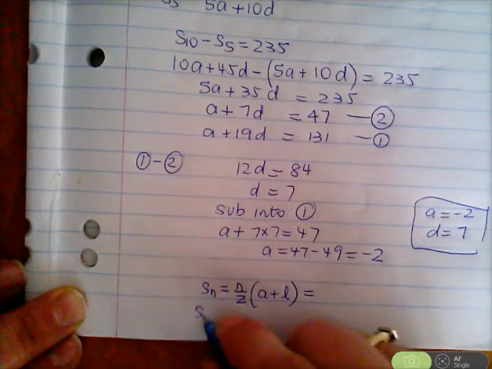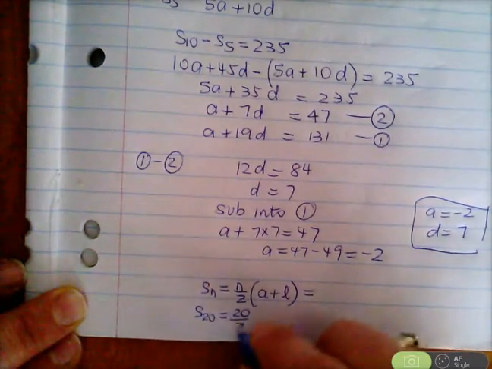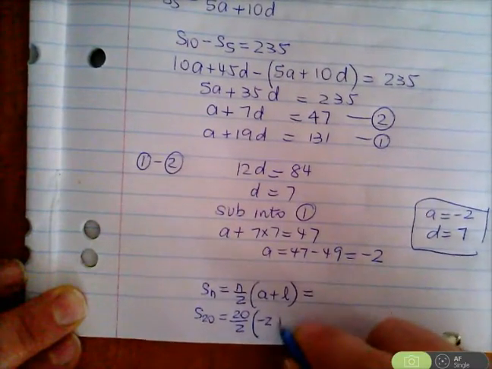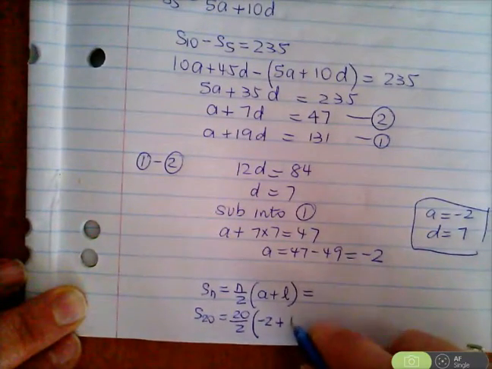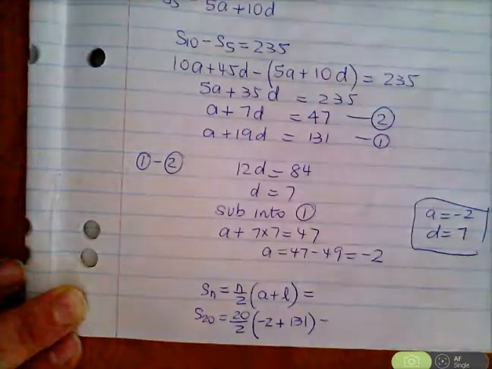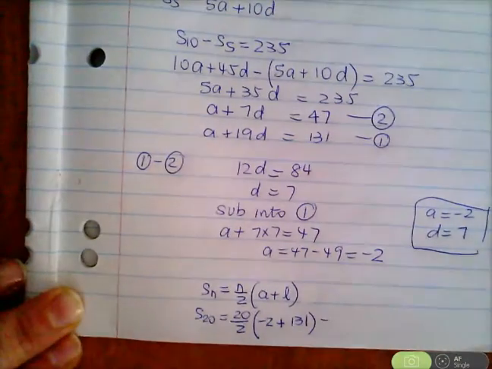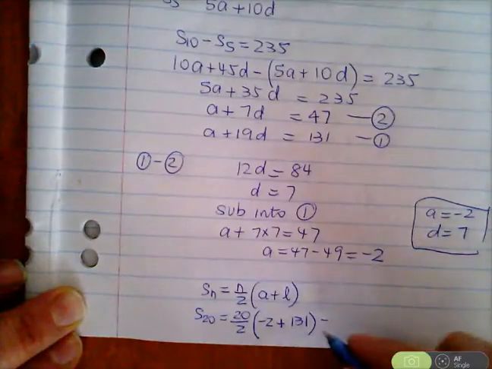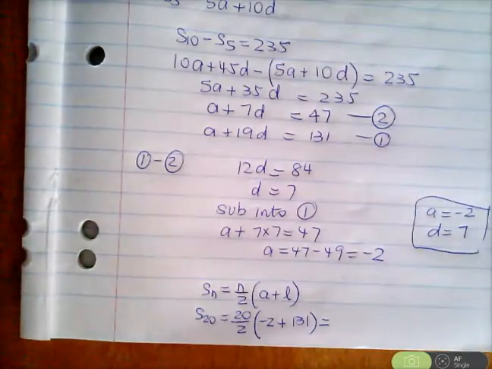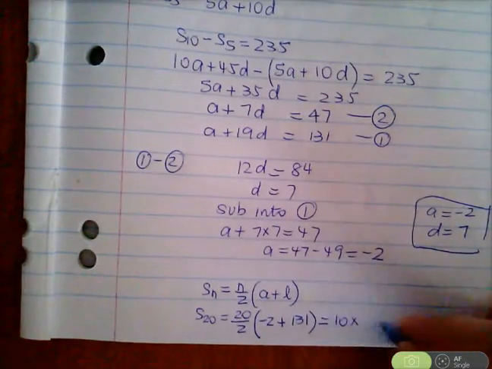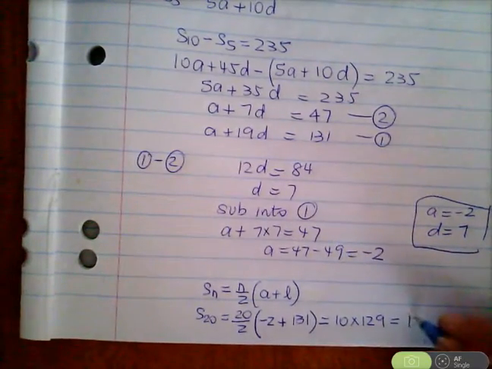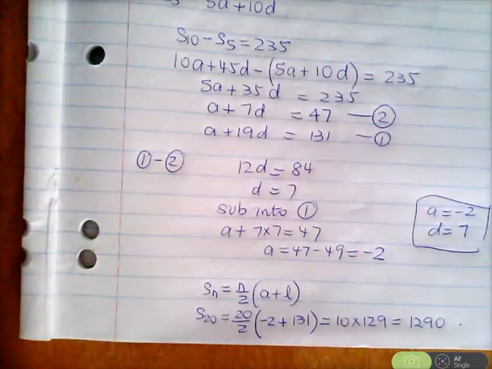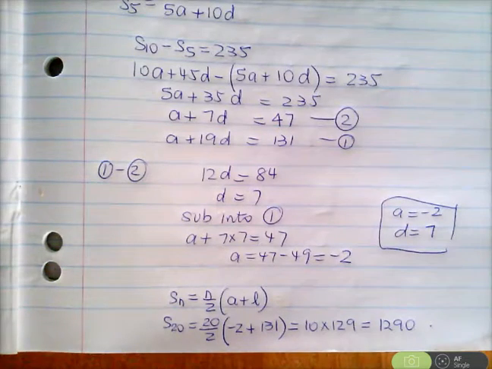Sum of first 20 terms is 20 over 2, a is negative 2, and l is 131. But you can use Sn equals n on 2 (2a plus (n minus 1)d), you will get the same answer. So this is going to be 10 times 129, which is 1,290. And that's the end of the examples for this exercise.